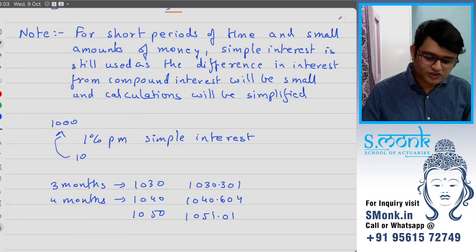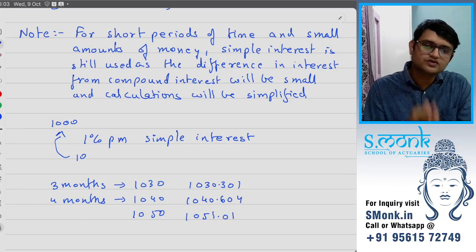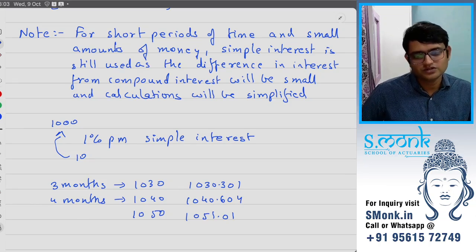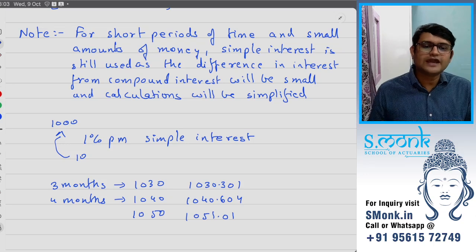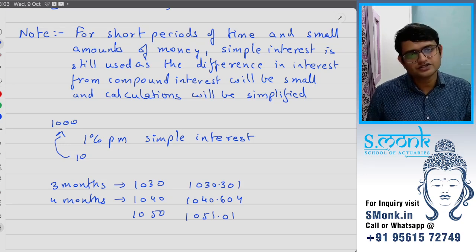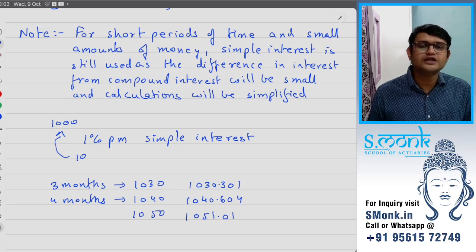While I return you this money, you will have to do the calculation yourself to check whether I have given you the correct amount or not. And the difference is very little. So the convenience is what helps us use simple interest even nowadays, even though compound interest is most widely used.